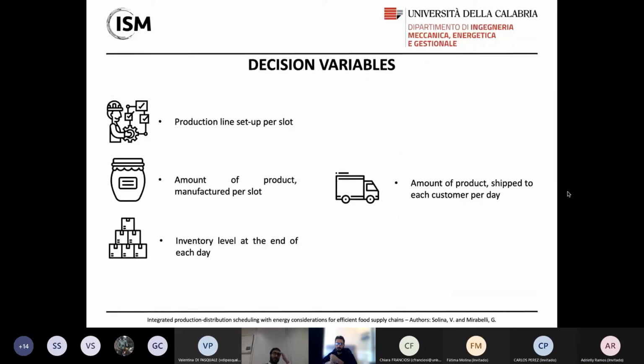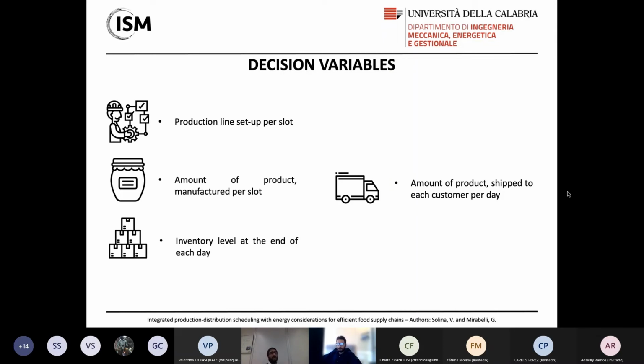What about the decision variables of this model? We have to decide, for each working slot of the day, how to set up the production line for product 1 or for product 2. In general, the products are different and require a different setup.